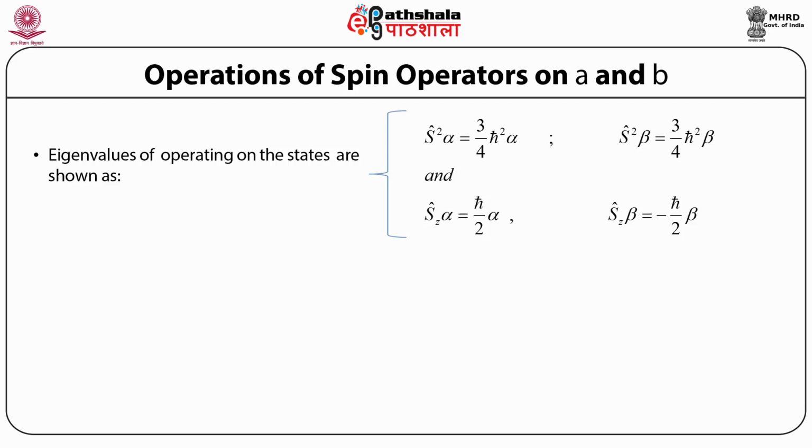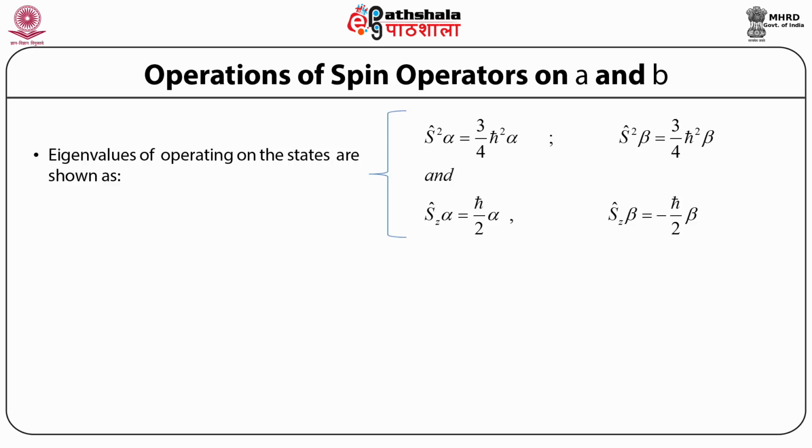To find these values, we operate these operators on the eigenstates alpha and beta, where alpha is the spin up state and beta is the spin down state.